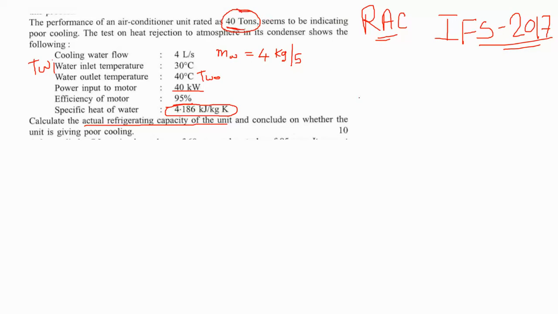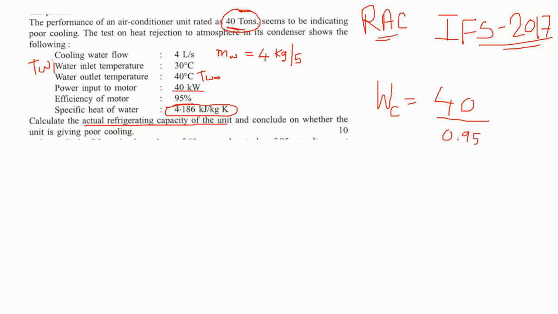Now how can we find the compressor work and heat rejection? First compressor work: it is given as 40 kilowatt power we have given to the motor, but the efficiency of the motor is 95%. So to get the required compressor work, we have to divide this 40 kilowatt by 0.95.